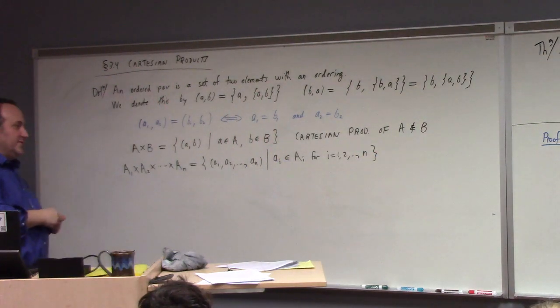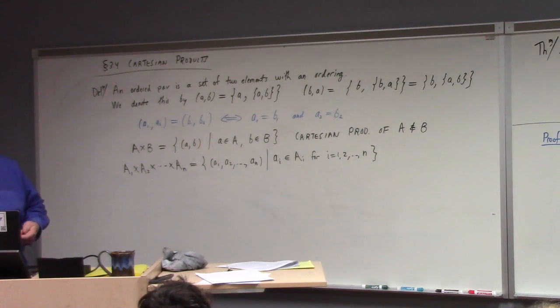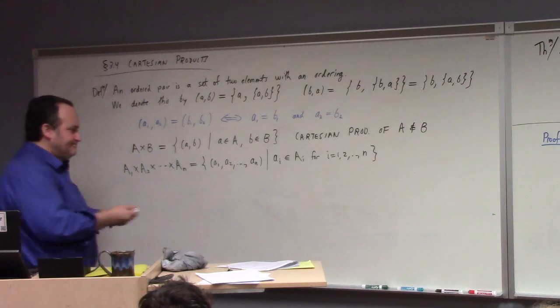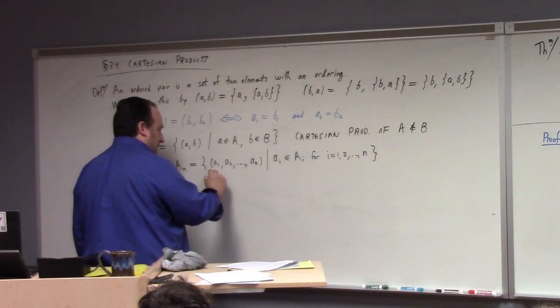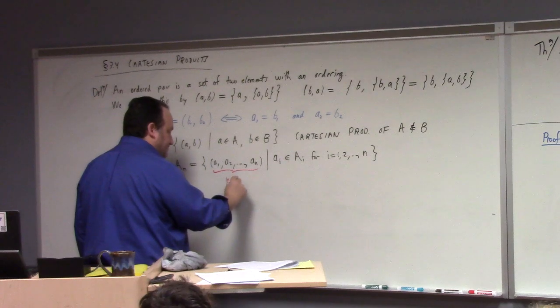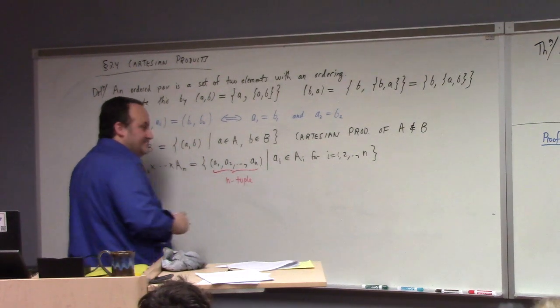So we can form not just ordered pairs, we can form what are usually called n-tuples. Notice I'm not even assuming that these sets are the same set or anything. This is an n-tuple.